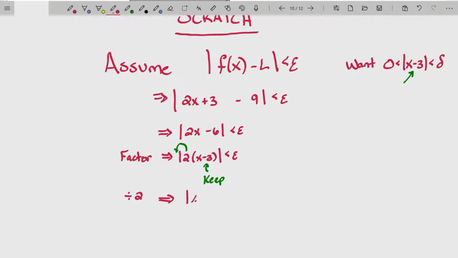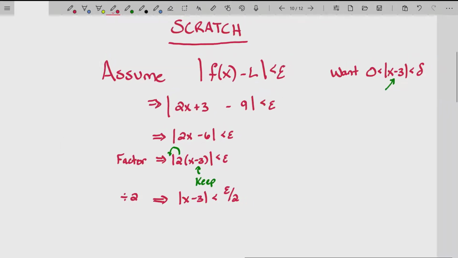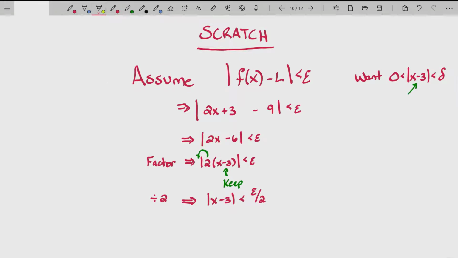So that gives me the absolute value of x minus 3 is less than whatever epsilon I was handed divided by 2. And this is super important because we've arrived at what we want. We wanted to get the absolute value of x minus 3 being less than something. And notice we have that. That something happens to rely upon whatever epsilon neighborhood somebody handed me.